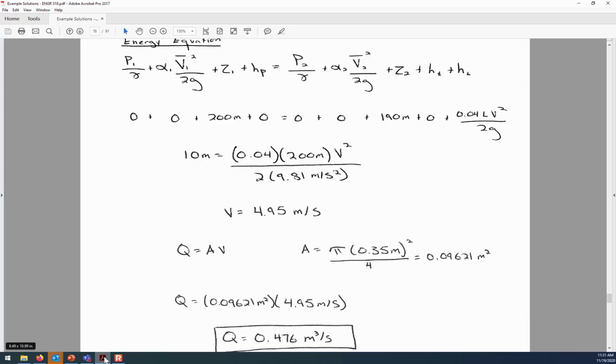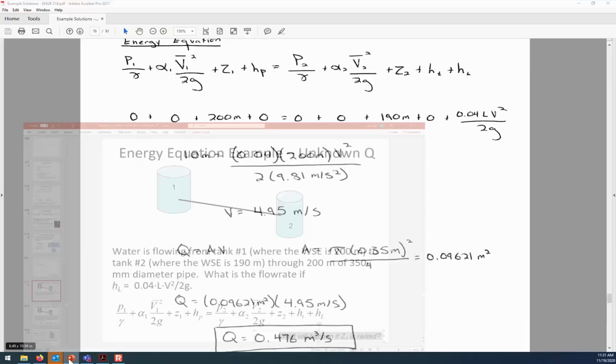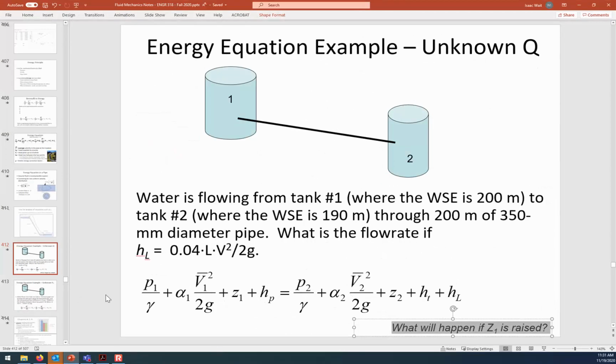The flow rate would increase. Jacob's right, exactly. So the driving force goes up, then the flow rate goes up. So yeah, that's the effect here. All right, so any questions about this example before we move on?